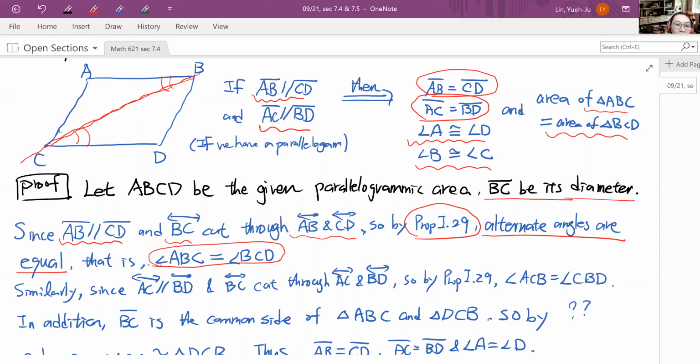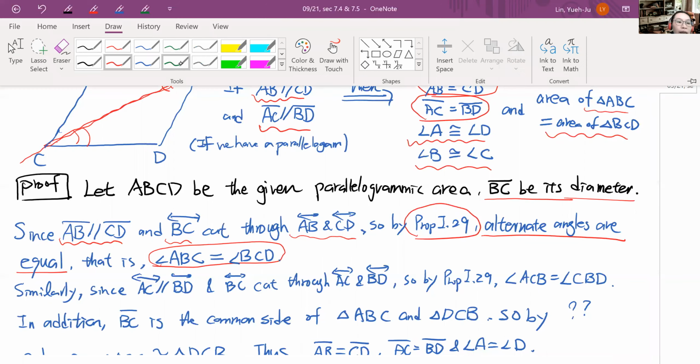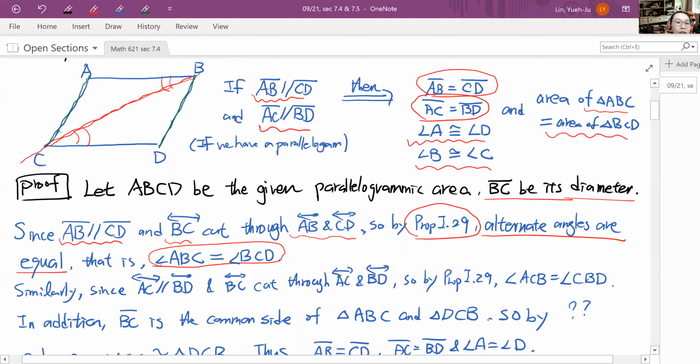So first we looked at AB and CD. Now we look at AC and BD. Same idea, AC and BD are parallel, and you can see that the same diameter BC cuts through these 2 lines. So we can again use the same proposition, that the alternate angles are going to be equal.